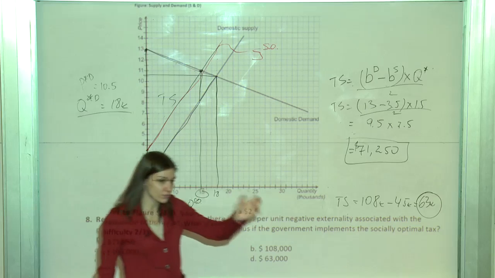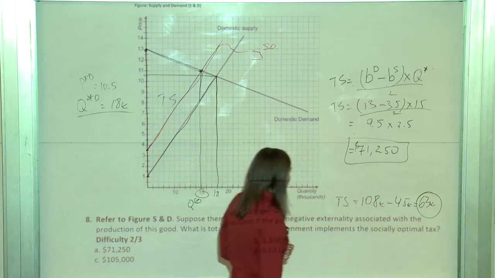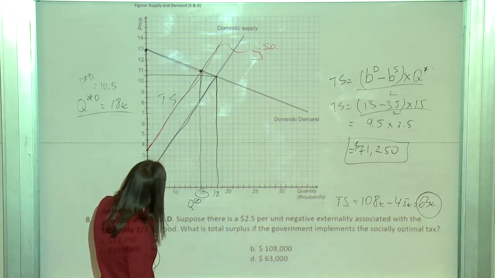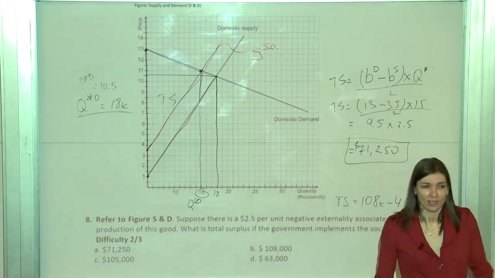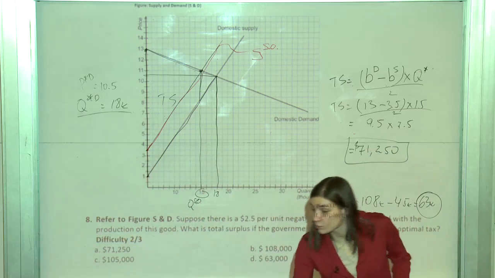No, the deadweight loss is different. That's not going to give you the correct answer. Why is that though? Because we overproduce. I can't figure it out right now, but this is the right way to go. I don't know if what you're saying is equivalent, but this is how it works.